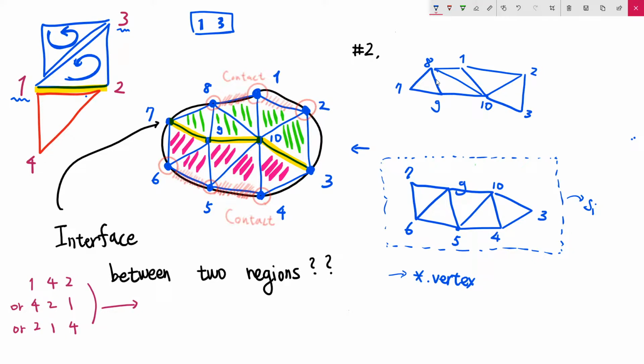Okay, so when you read the second region without being bordered by the first one, you can independently read the second region. So when you read this second region, no information about this first region is required.